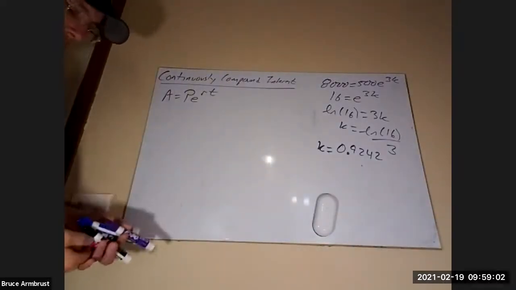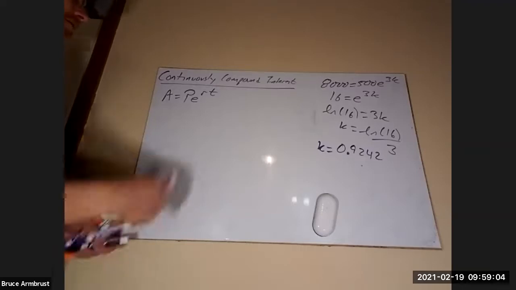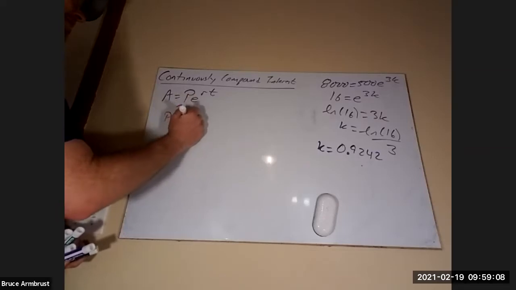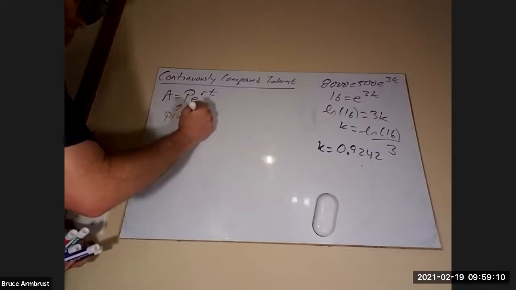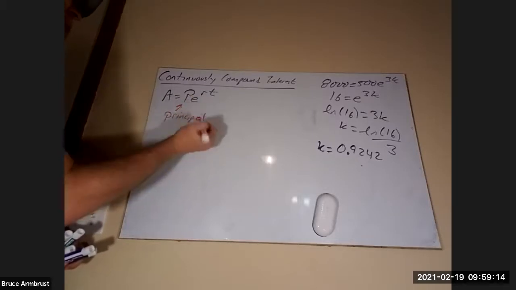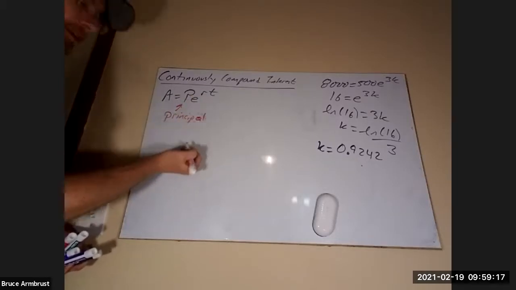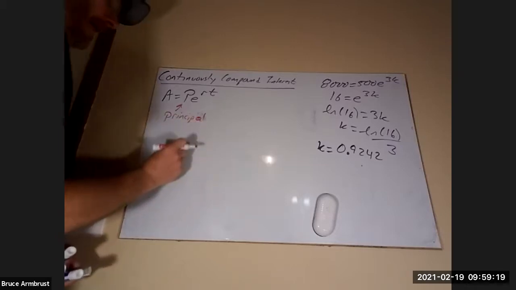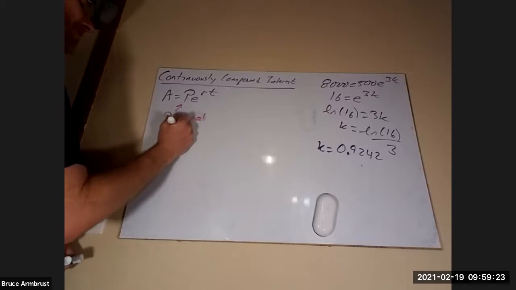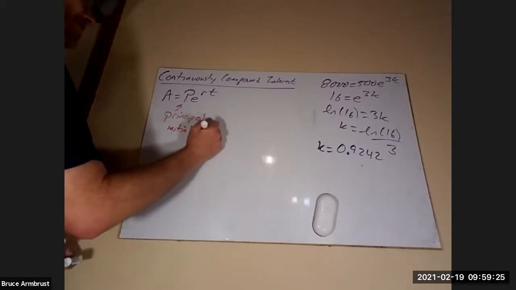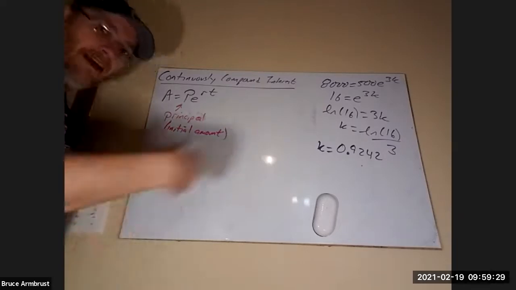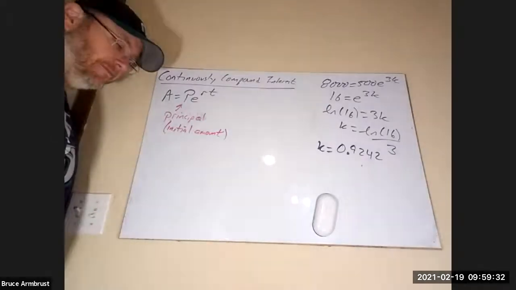This guy P, that's our initial amount. And that's what we call the principal. I'm not sure which principal it is. I'm going to go with principal. I'll just go with the 50-50. But this is the initial amount. So it could be the initial amount that you invest, the $500 you put into the checking account.